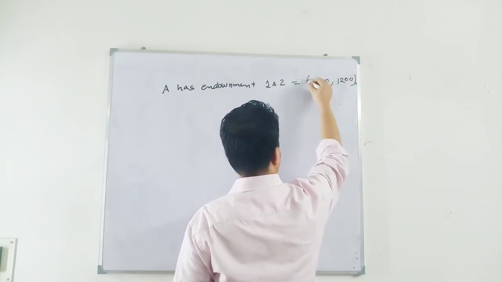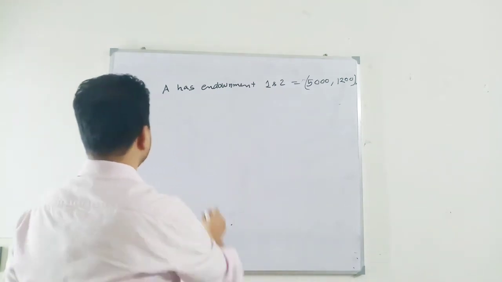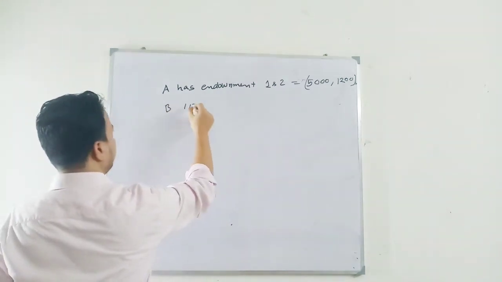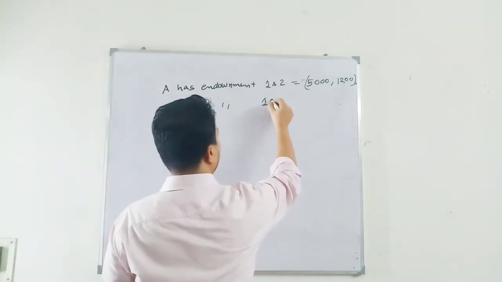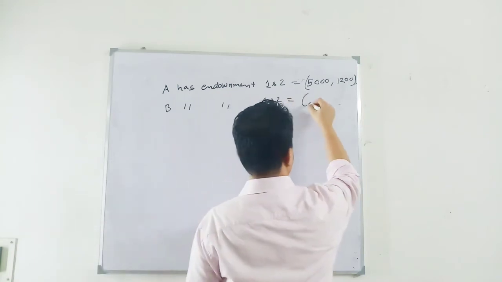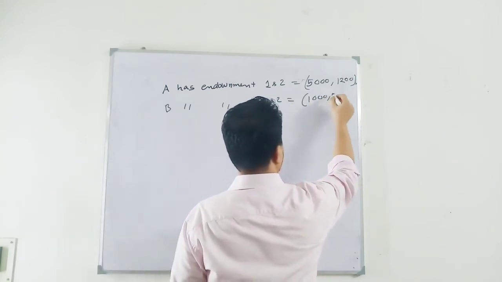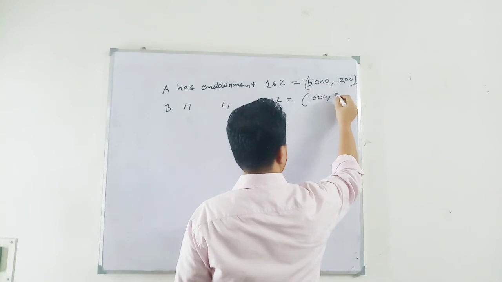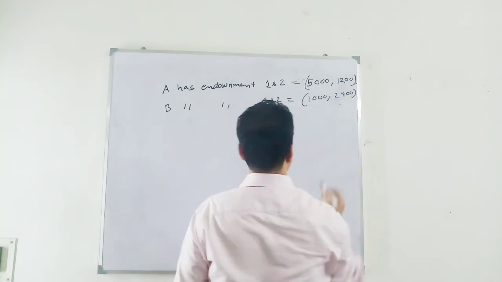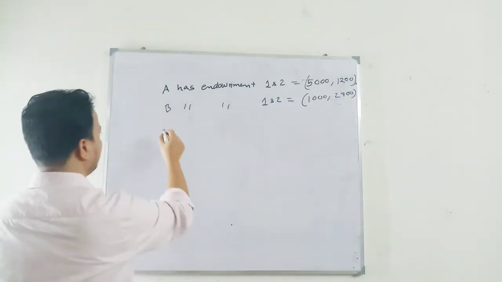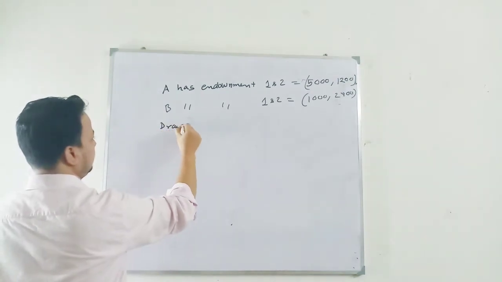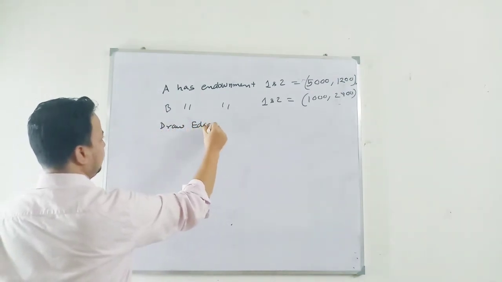I can take any number. Consumer B has an endowment of goods 1 and 2 of 1,000 and, say, 2,800. I will ask you to draw the Edgeworth box.